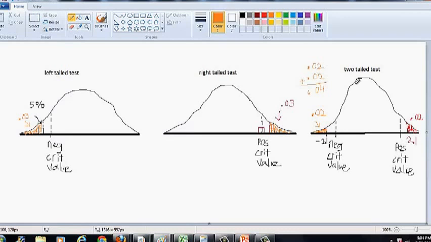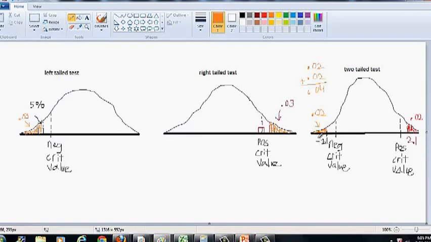And it works the same way regardless of whether you end up with a negative or a positive t-score. If my t-score ends up being minus 2.1, I still have to add this 0.02 area to this 0.02 area. I still have to take the percent that's beyond my outcome and add it to the percent beyond the opposite.